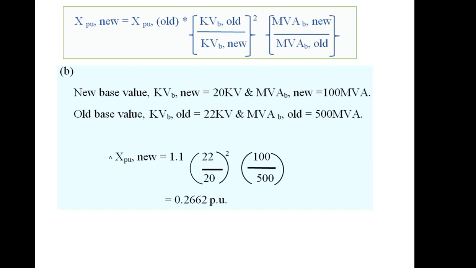This is to calculate the per unit value on the new base. The new value is X per unit old, into kVb old by new, whole squared, into MVAb new by MVAb old. Using this formula we find the new per unit reactance. The new base is 20 kV and 100 MVA, which is given in the problem.